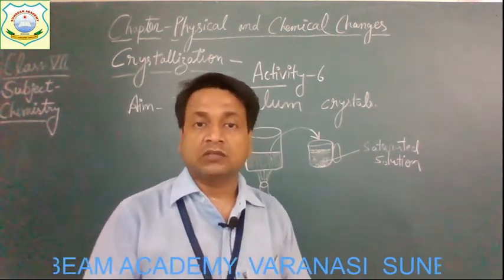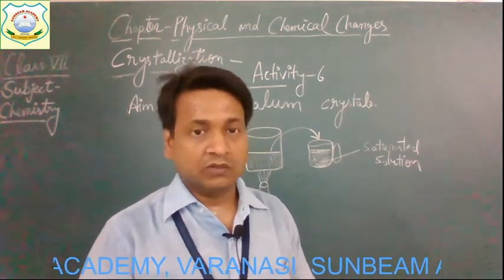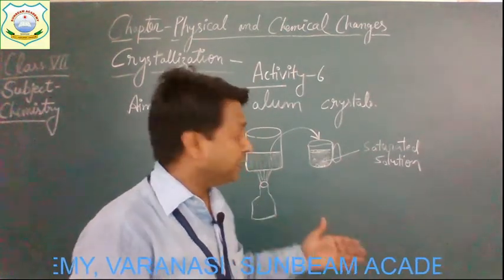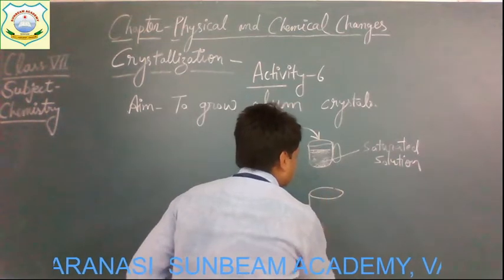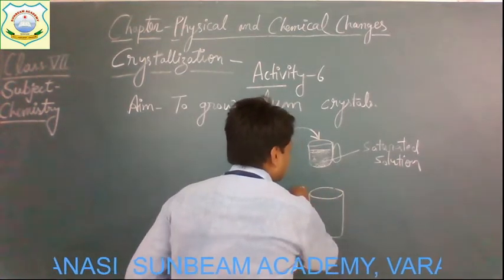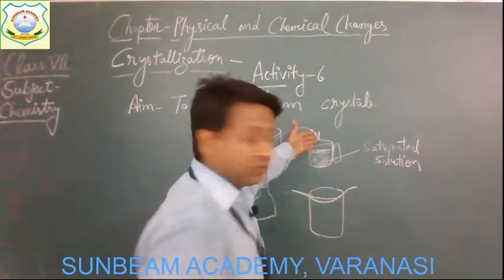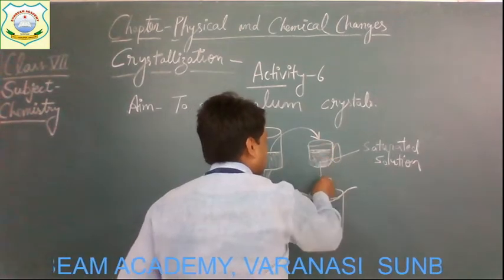using a fine cloth to remove the undissolved alum. Get it? The fine cloth which we have taken, we will keep it on another beaker and we will pour this saturated solution.